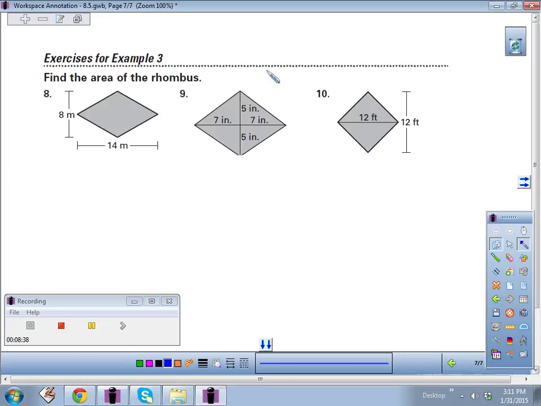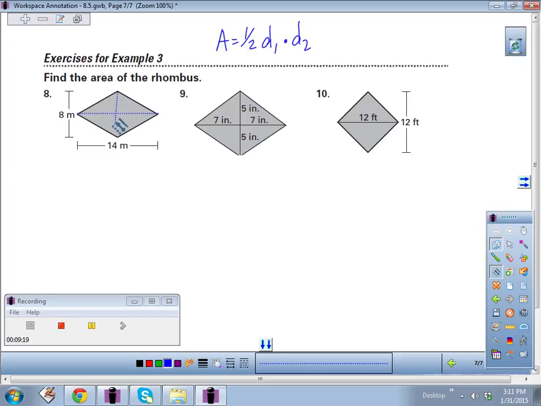So looking at 8, 9, and 10, take a moment and try to complete that using the area formula of a rhombus, 1/2 diagonal 1 times diagonal 2. Alright, so for number 8, even though the diagonals are not drawn inside the rhombus, we know the lengths of them because they give us the entire length across here is 14.